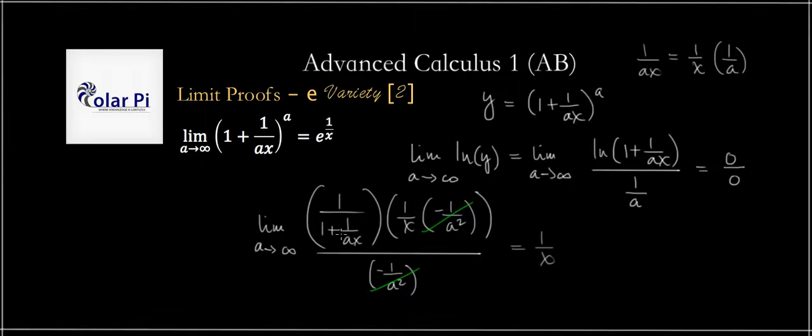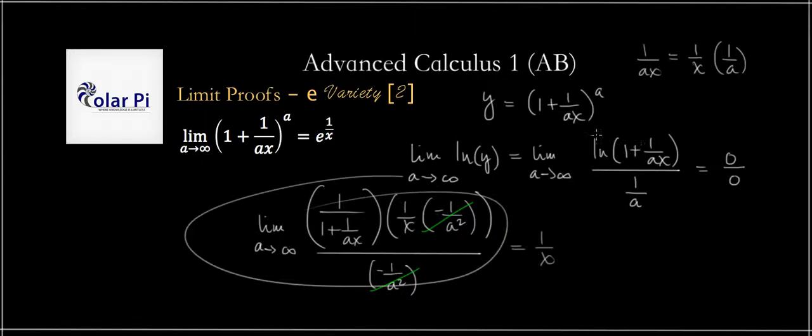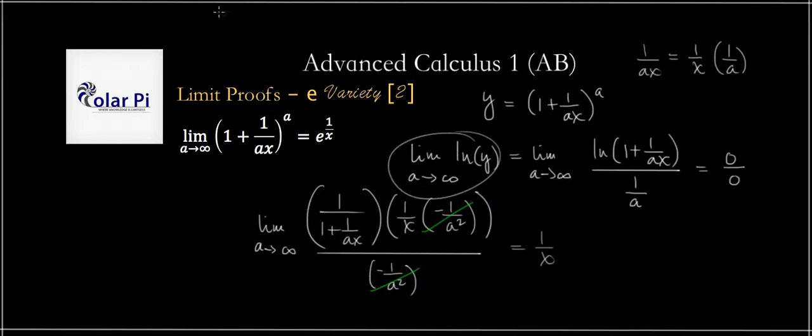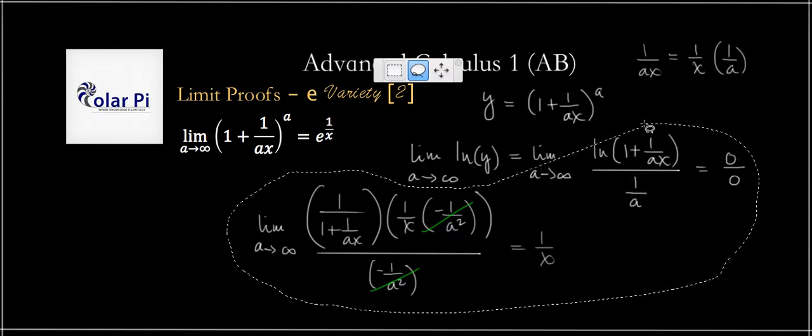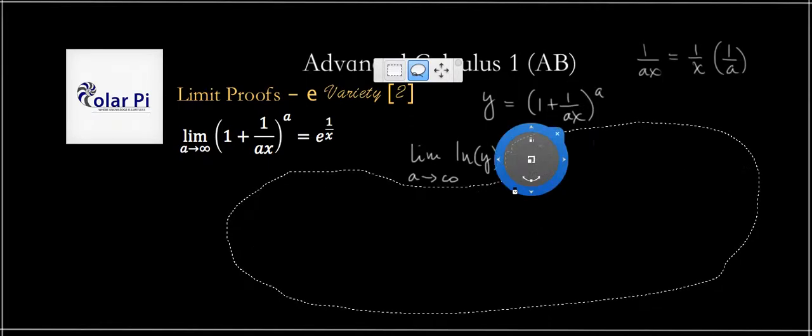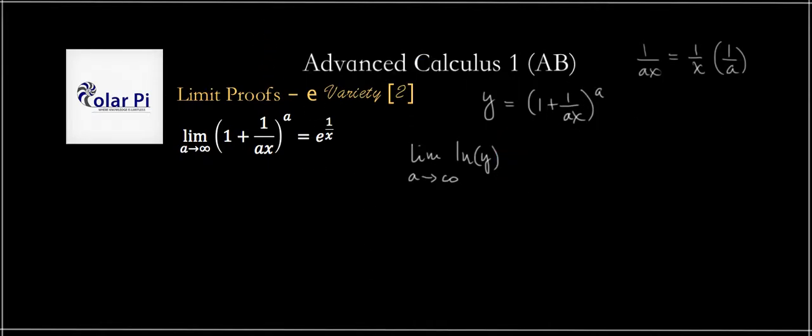Since this limit is the same as this limit, let's get rid of the no longer useful bridges. They were just a bridge, so we don't need them anymore. We realize that this here is equal to 1 over x.